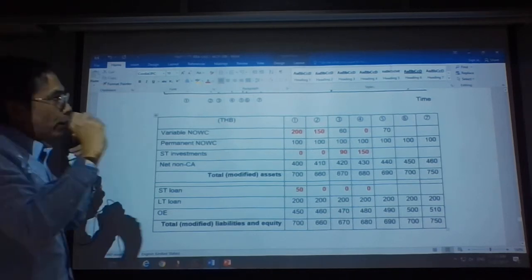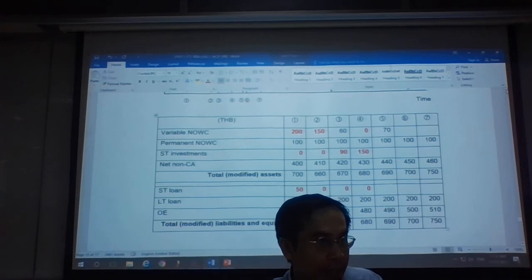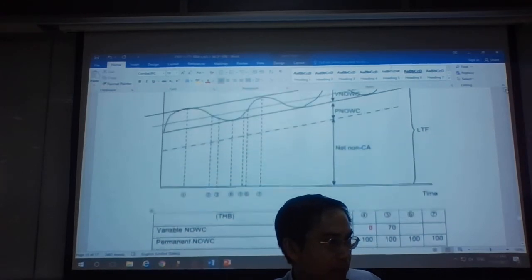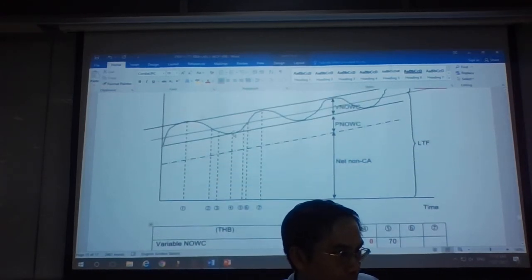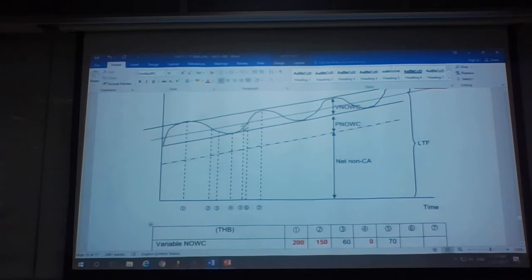By moving from point 4 to point 5, please take a look at the graph first. From point 4 to point 5, the firm may have to buy more inventory in preparation for the second peak season.